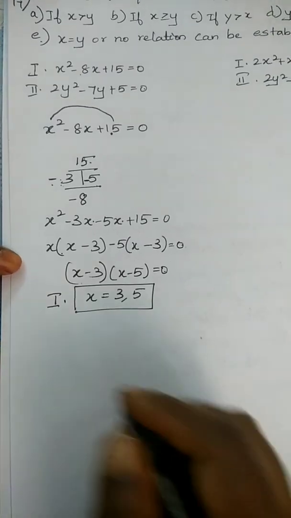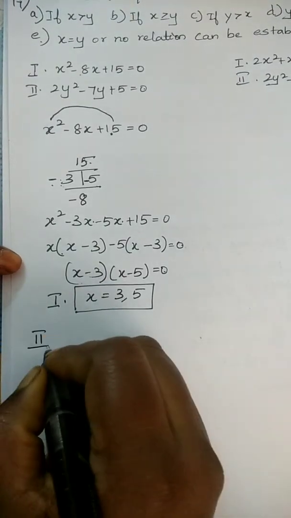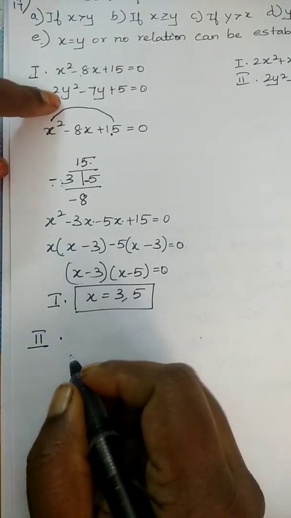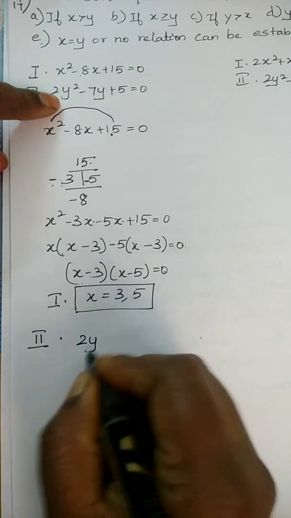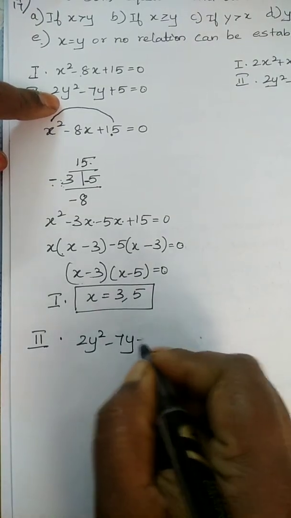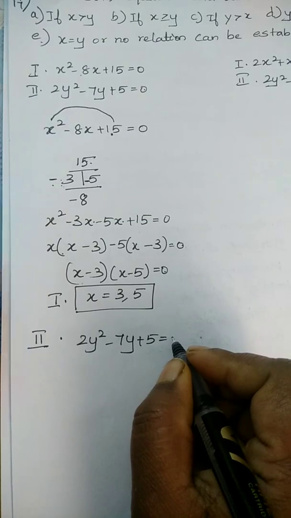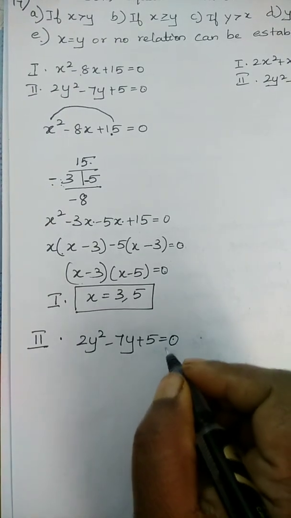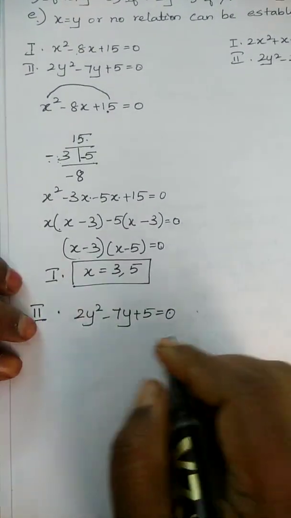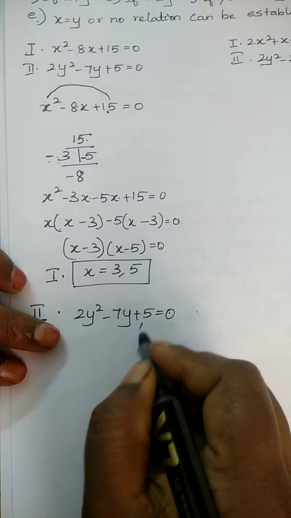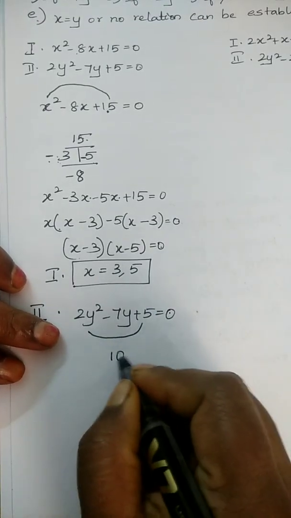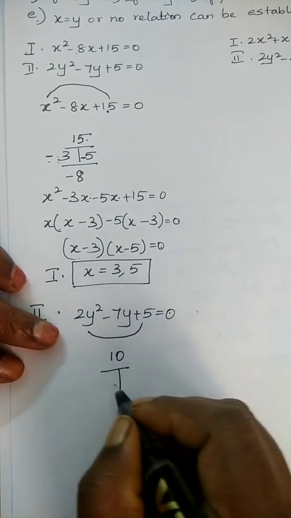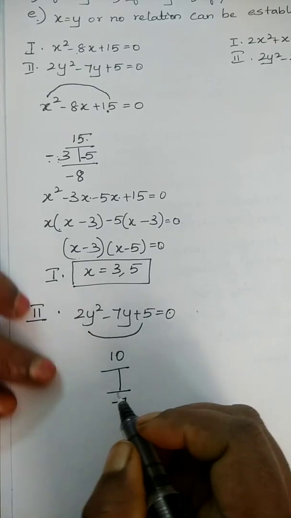Now we are going to find for Roman numeral 2. What is Roman numeral 2? 2y square minus 7y plus 5 equal to 0. Multiply this: 5 into 2, 10, minus 7 as it is.